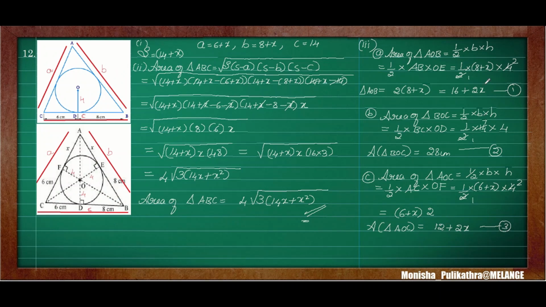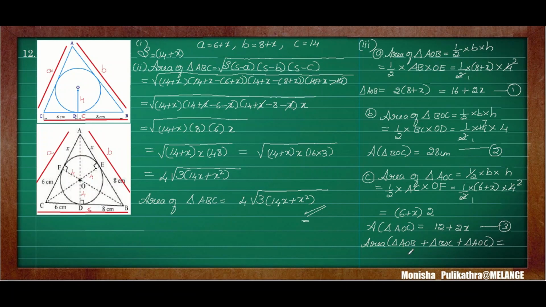Okay, so area of triangle AOB, area of triangle BOC, area of triangle AOC. So you add it, areas of triangle AOB plus triangle BOC plus triangle AOC.